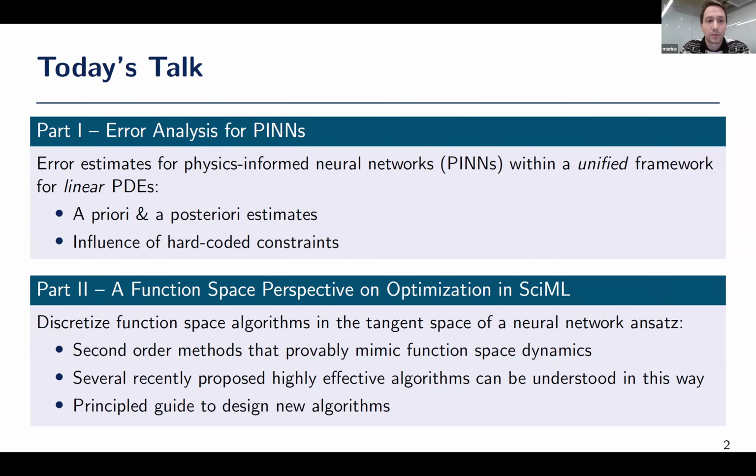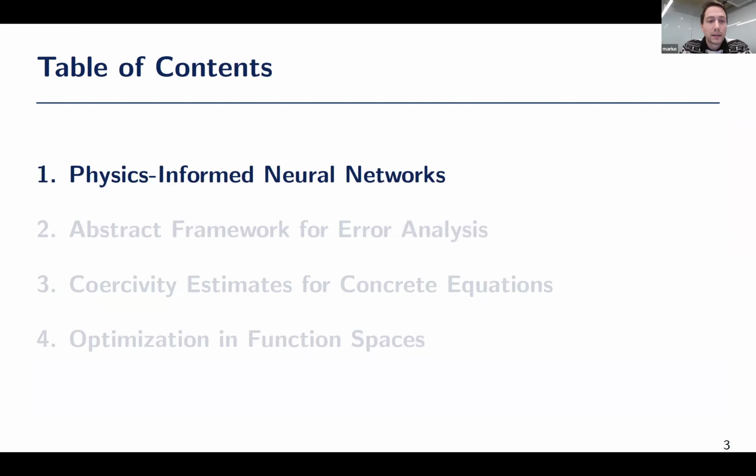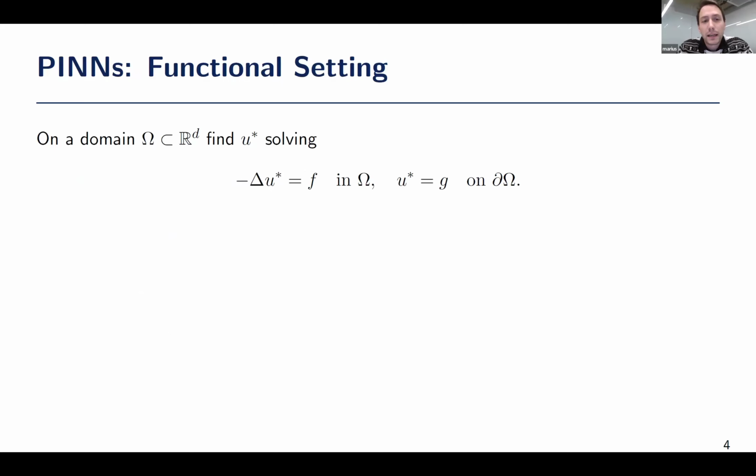So let's jump into the first part. I'll give a brief introduction to the concepts of physics-informed neural networks, and I will do that with the example of Poisson's equation, although it is understood that you can choose virtually any PDE. Let's say we have a domain omega that sits in R^d in the physical space, and we want to solve Poisson's equation for given forcing data and given boundary data g.